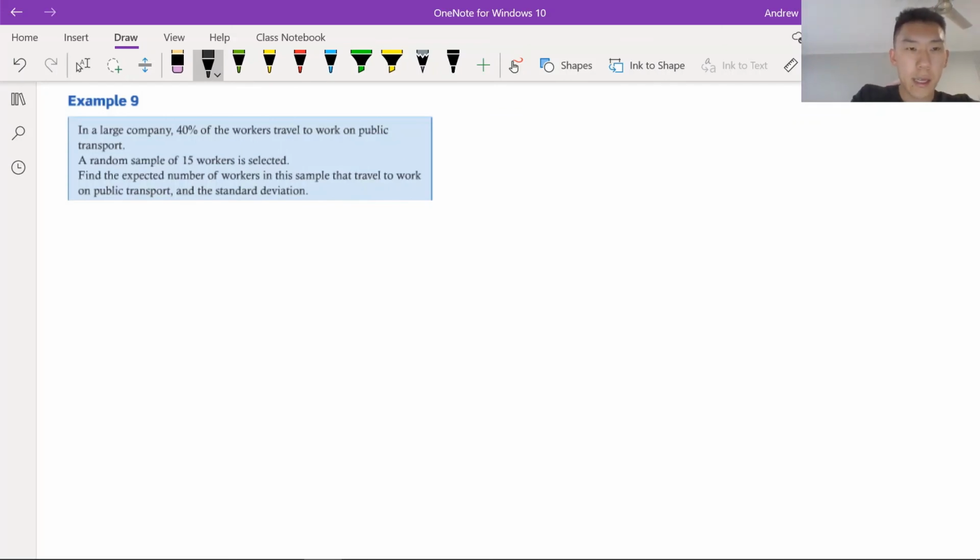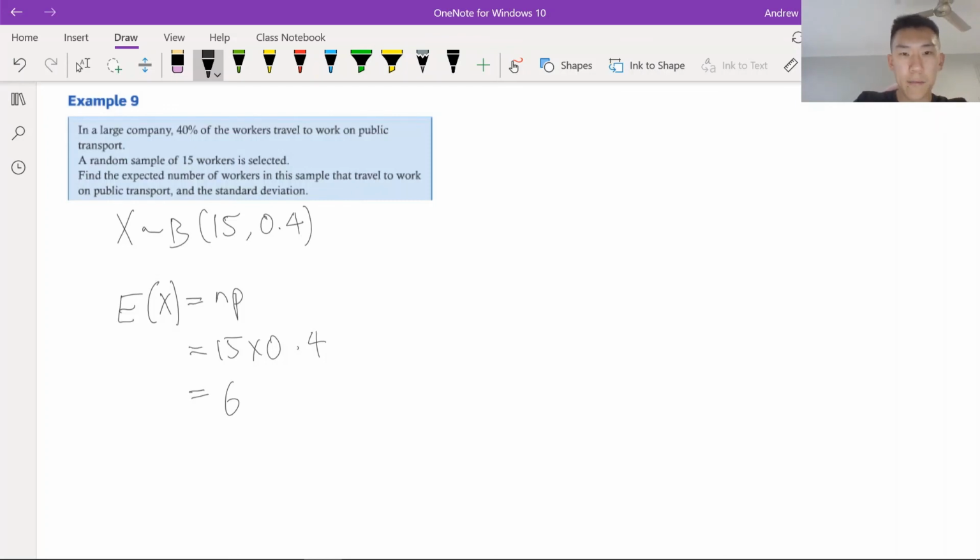Assuming again this is a binomial distribution, a random sample of 15 is selected, so 15 workers, that's our n, number of trials. The probability of success, travelling to work on public transport, is 0.4, 40%. Find the expected number of workers. So the expected number would be np, which is 15 times 0.4, which is 6.